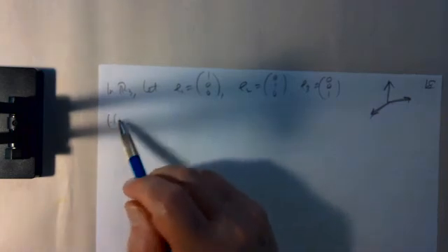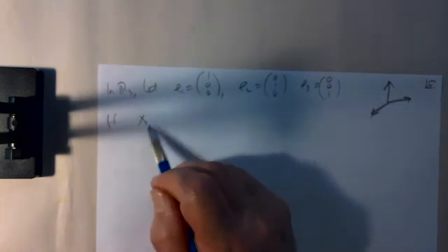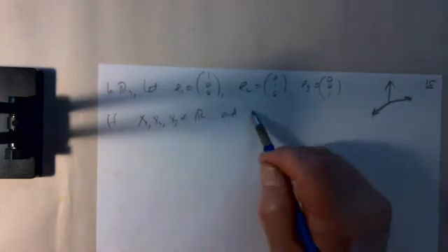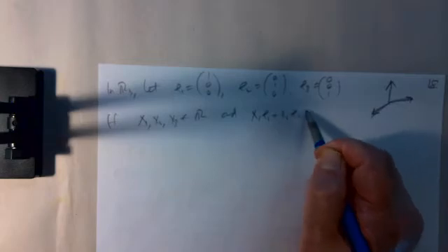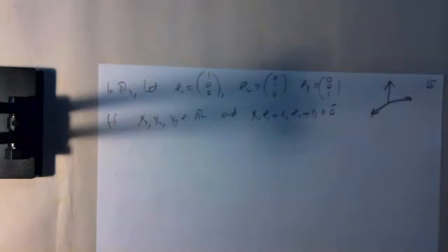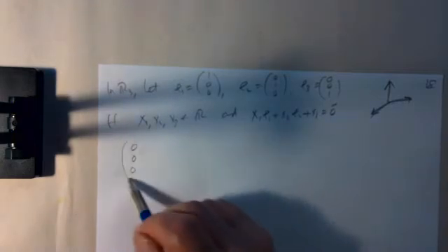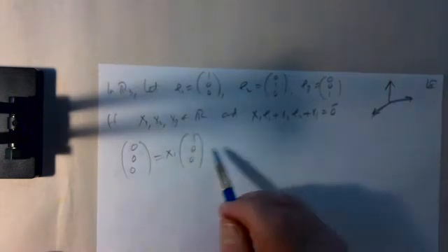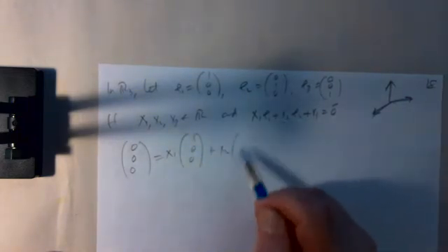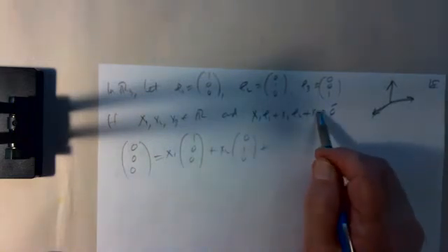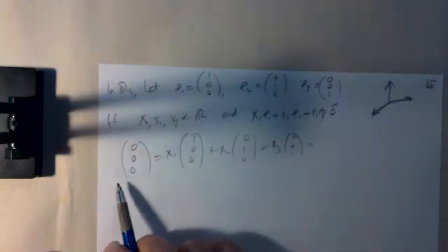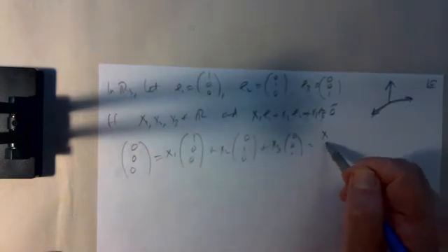So suppose we have scalars x1, x2, x3 in R, and x1 e1 plus x2 e2 plus x3 e3 is the 0 vector. So what does that mean? The 0 vector is (0, 0, 0). That's x1 times (1, 0, 0) plus x2 times e2, which is (0, 1, 0), plus x3 times e3, which is (0, 0, 1). If I scale and add, I get (x1, x2, x3).